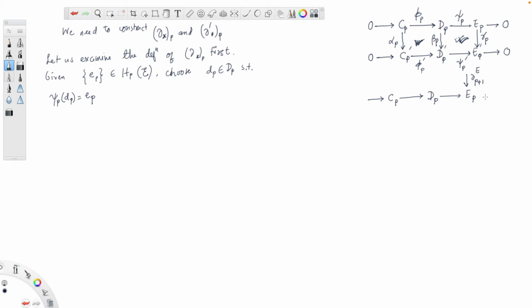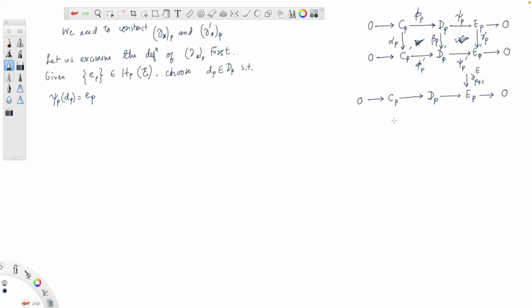And then from Ep to the next abelian group, it is actually a short exact sequence. So at the two ends, we have just two trivial groups.